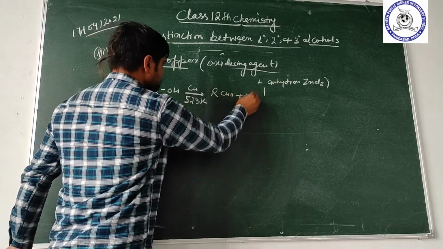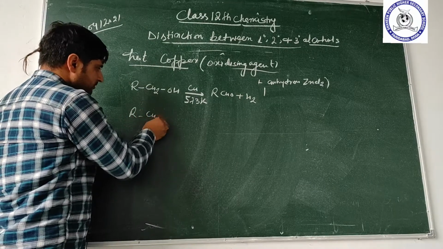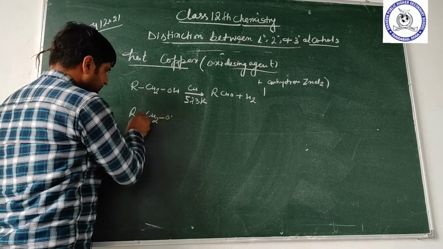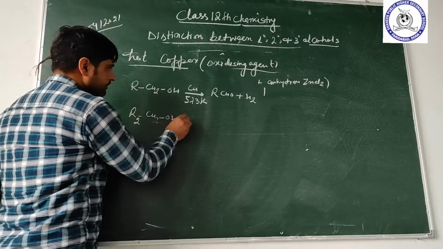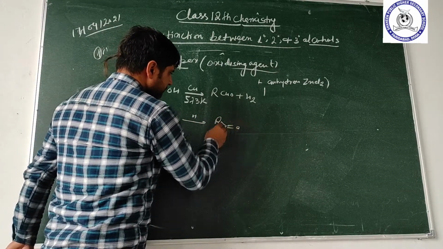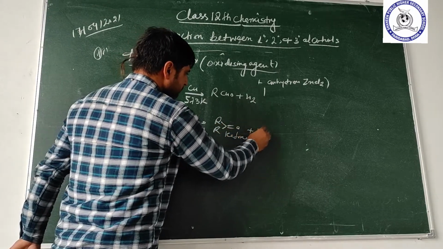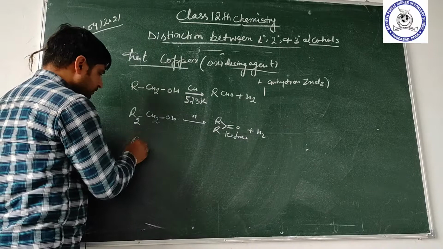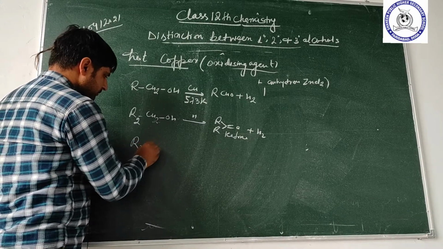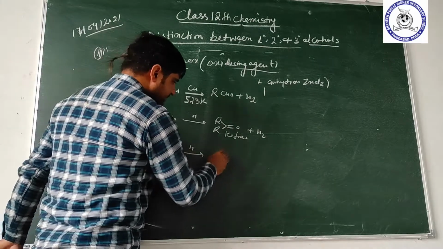RCHO plus H2. When secondary alcohol reacts with hot copper, it gives ketone, and when tertiary alcohol reacts with hot copper, it gives alkene.